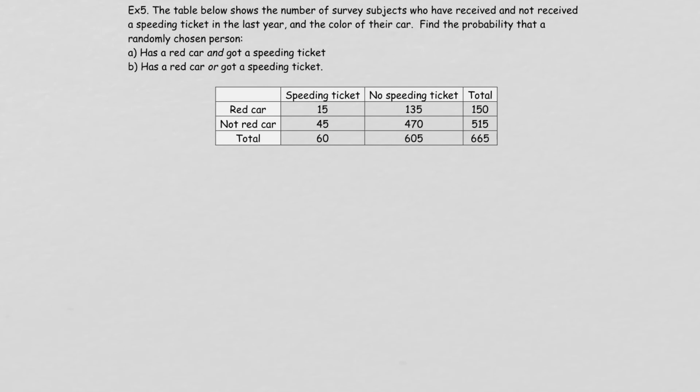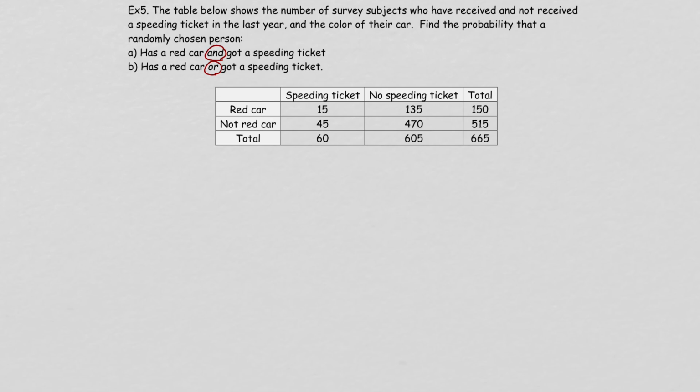Here is example 5. We're looking at the speeding ticket with red car or not red car again. We've seen this in previous sections. Using the same table, we want to see if we can get has a red car and gets a speeding ticket. First, has a red car or gets a speeding ticket. So we want to compare "and" and "or", right? Let me write that, the difference between "and" and "or" using these examples.